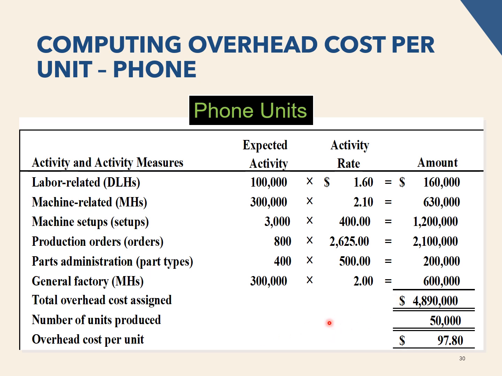As there will be 50,000 units produced, the overhead cost per unit is 97.80 for phones. You can see the activity rate for production orders is the highest within the 6 activities. The expected activity rate for this production order is as high as 2625, so the more units ordered, the lower the unit cost assigned.